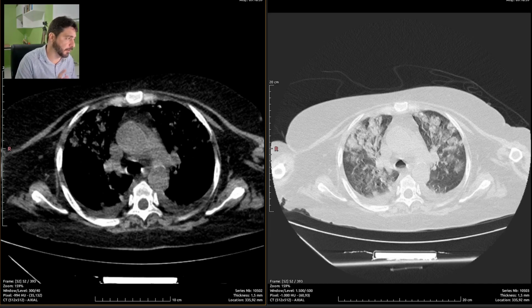So there's a moderate right-sided pleural effusion, and subtotal, almost complete collapse of the right inferior pulmonary lobe and a partial collapse of the left one.